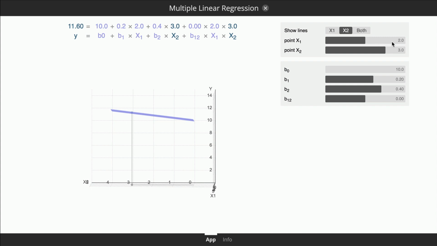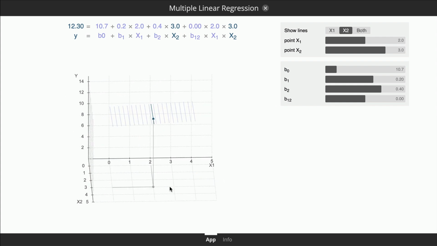So for example, in this case, you can see we have x1 equal to 2, x2 equal to 3. So we have 2 times 0.2 from x1. We have 3 times 0.4 from x2. Altogether, you can see it's 1.6, which is exactly what we see here. So 1.6 plus 10 will be 11.6, right? And then if I change, for example, b0, it simply changes the elevation. You can see it doesn't change the slope, but it changes the elevation of this plane, right?